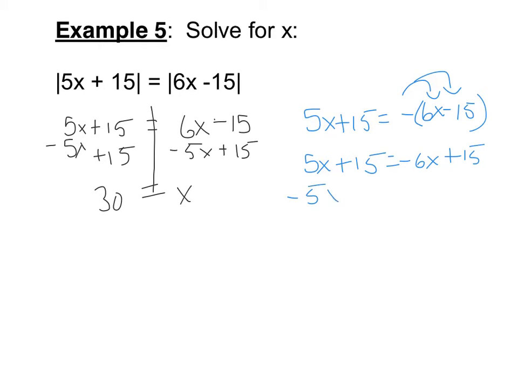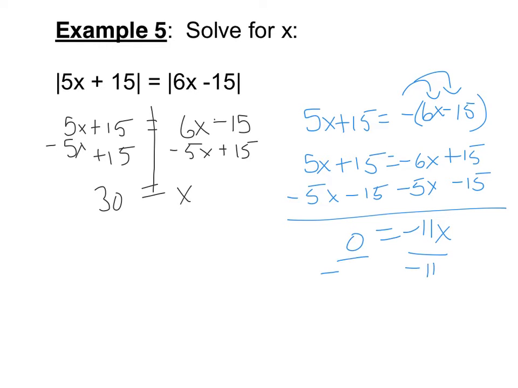Subtract the 5x, subtract the 15, so you get 0 equals negative 11x. Divide by negative 11, you get x equals 0.